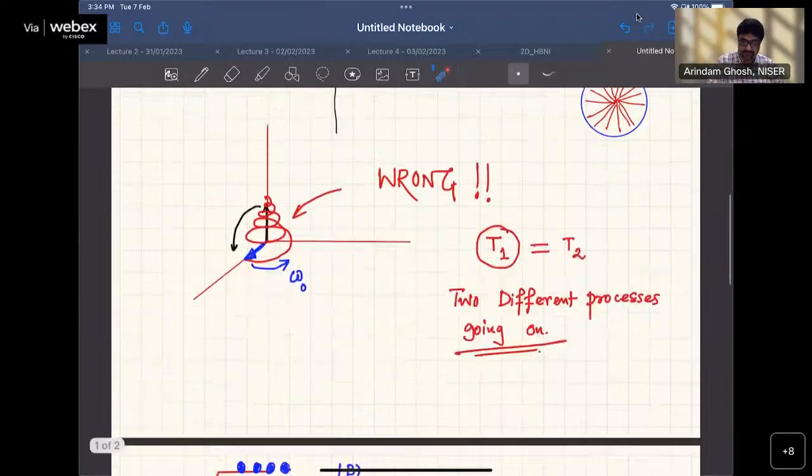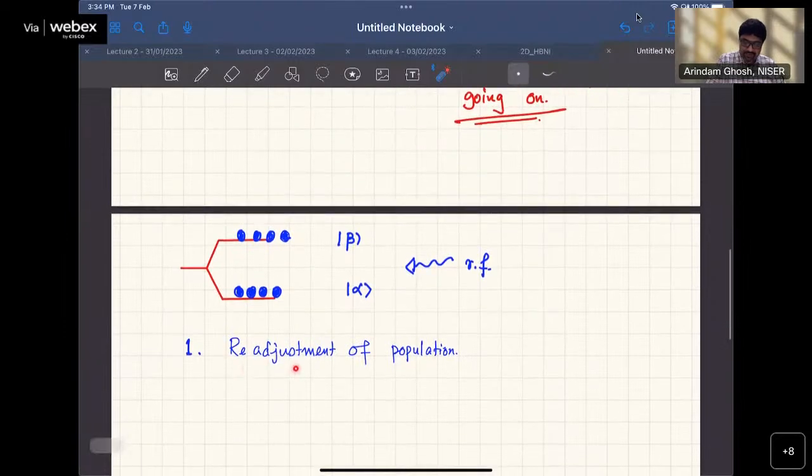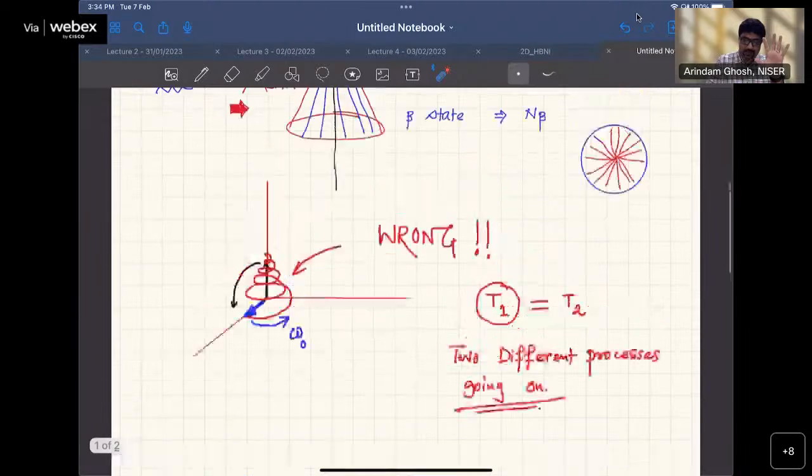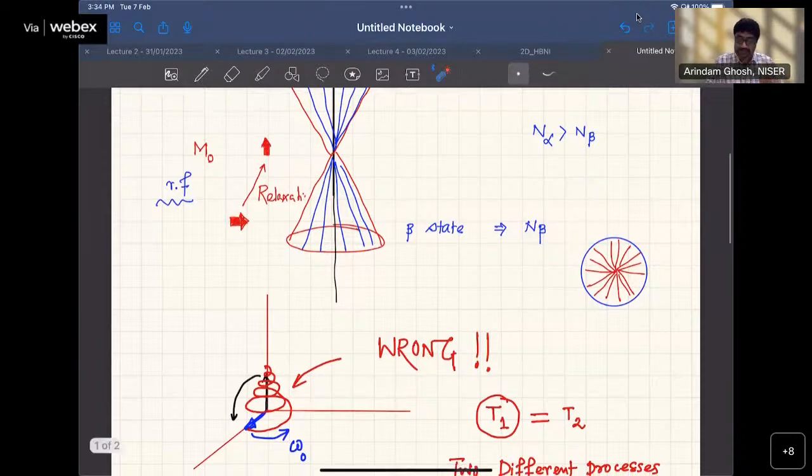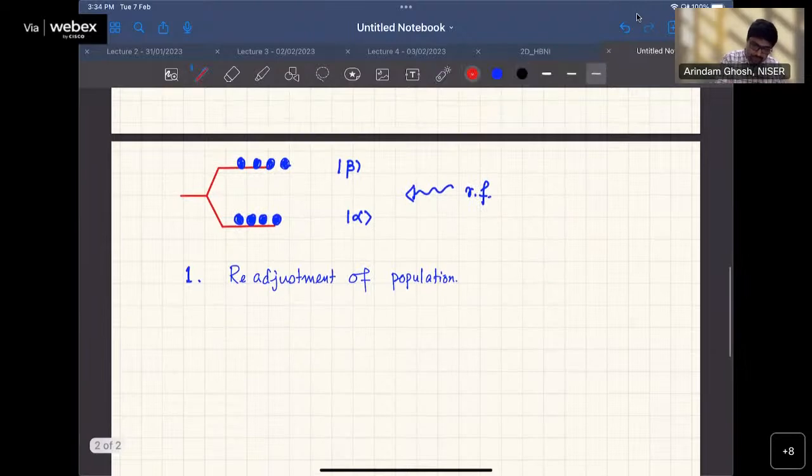So we understand that process one, the readjustment of population, can only take the z component out. That means the z component is vanishing, but that doesn't mean that the xy component is immediately getting created. In order to create the xy component, we have to have something else, and that is called creation of phase coherence.